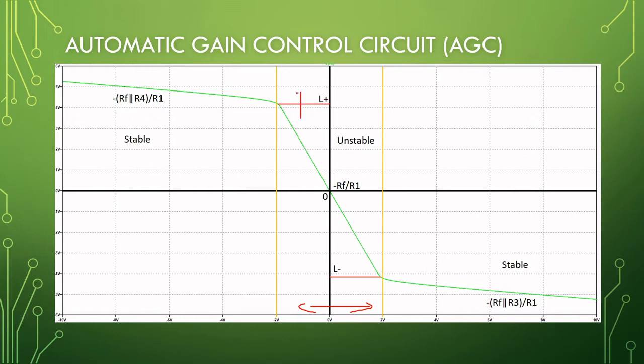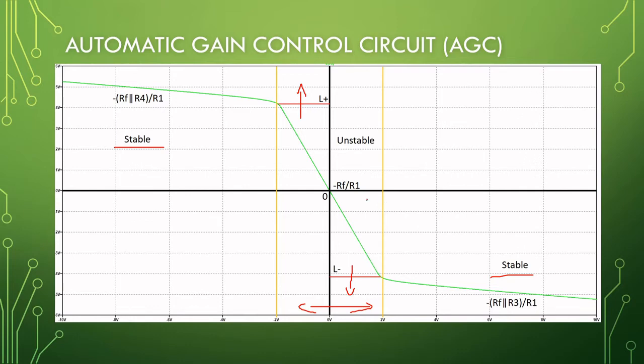But the moment one of our limits is breached on the output, our gain decreases for the positive and the negative cycle. With our gain going down, we push our system to be stable again.